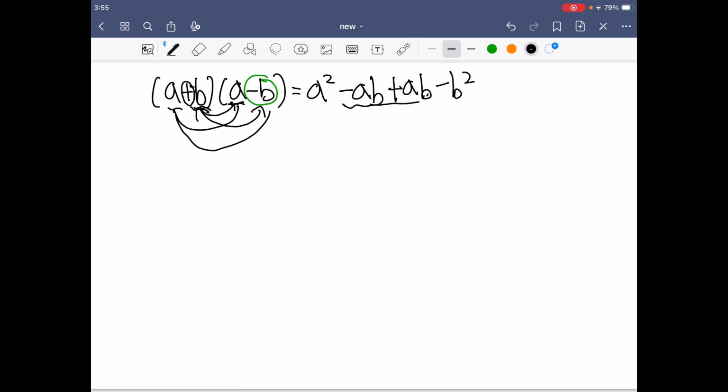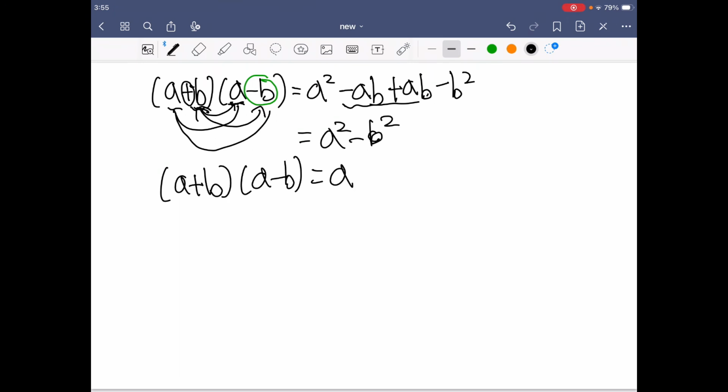Those two cancel, and we get A squared minus B squared. So this one, A plus B times A minus B, gives A squared minus B squared. It's called the difference of two squares.